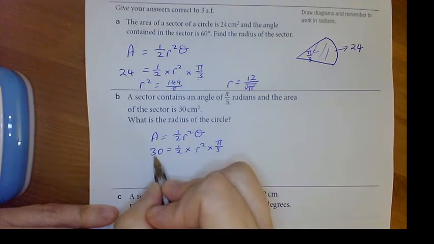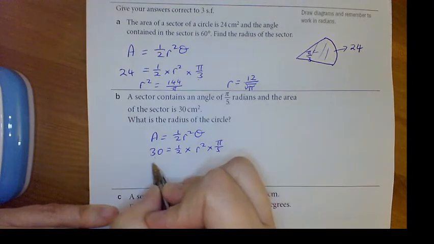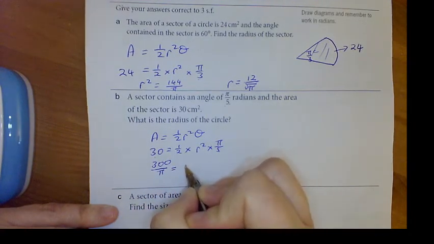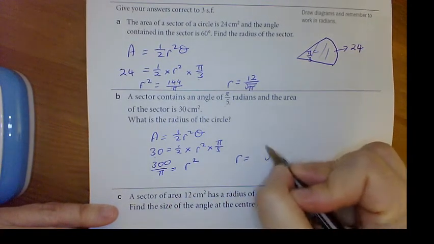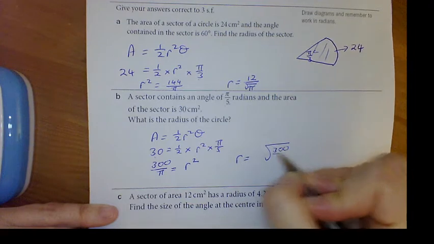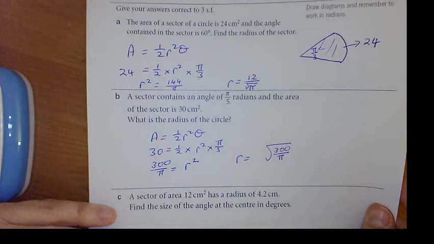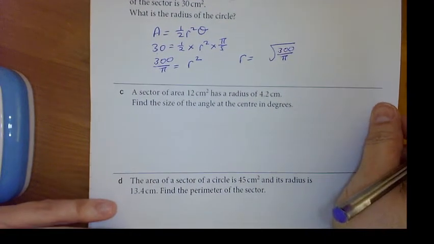Double this is 60. Times by 5 is 300. Divide by pi gives me 300 over pi is equal to r squared. So r must be the square root of 300 over pi. I'm doing these as exact answers. Obviously, you can check with your calculator that you get the same answer if you've done it to 3 significant figures.